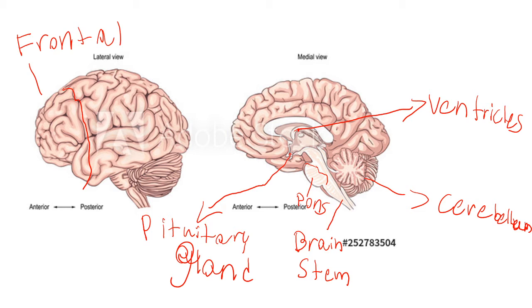But here we're looking at the inside. We're looking at the brainstem. We're looking at the different parts inside the brain. And basically, that's what we're looking at in the medial view of the brain. So moving on, we have the thalamus right here.